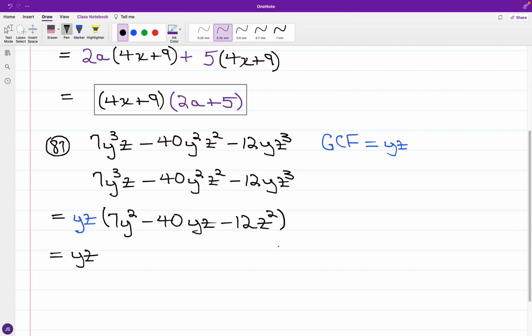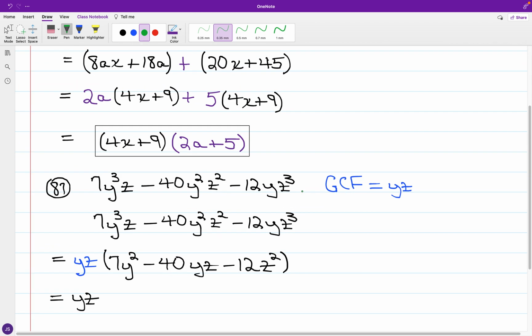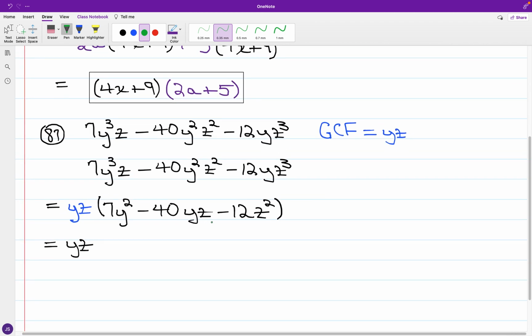Now, for what we have in the case of the trinomial, this can be factored. If we move over to the side, we have 7y squared minus 40yz minus 12z squared.